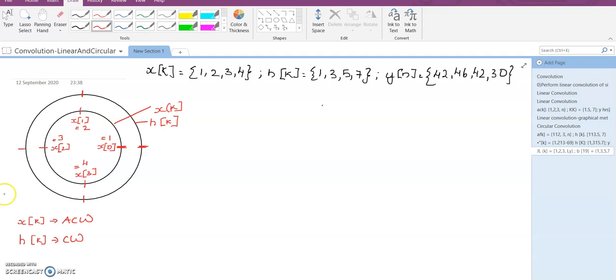So if x of k is drawn in the anti-clockwise manner, we draw h of k in the clockwise manner, indicating it is equivalent to h of minus k. I hope that point is clear. So this becomes h of 0, this becomes h of 1, this becomes h of 2, and this becomes h of 3.